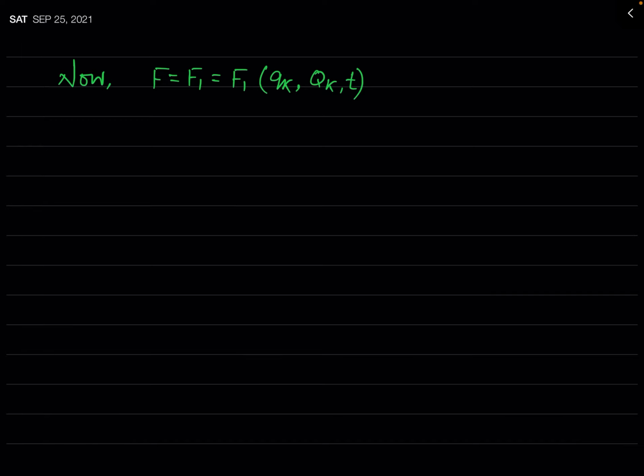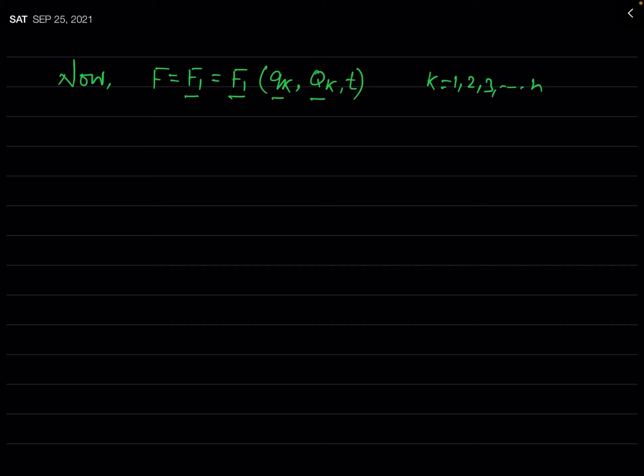As you can see, the generating function f in the first form is denoted by the symbol f1, and this f1 is a function of small qk, capital Qk and t. Now k is equal to 1, 2, 3 and so on up to n, where n is the degree of freedom. So you can say that this f1 is a function of 2n plus 1 independent variables.